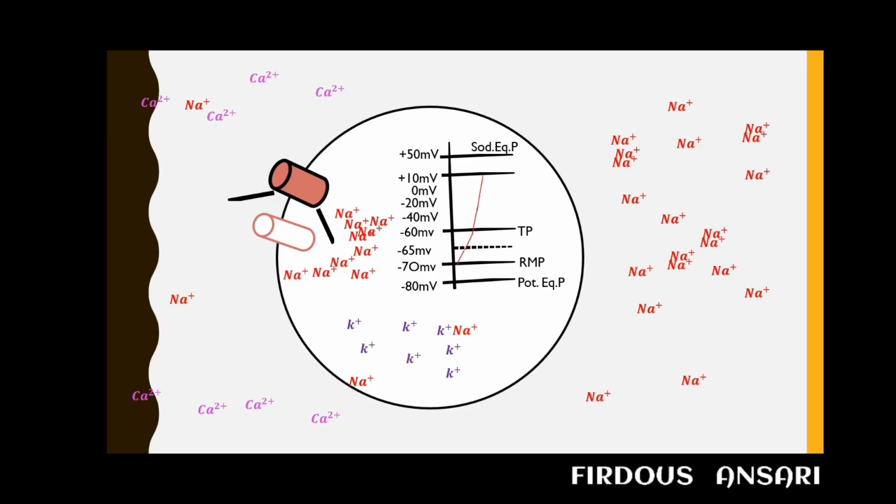Before the potential was negative and now it has become positive, so there is a change in polarity, from negative to positive. Since there is a change in polarity, we call this stage depolarization. Depolarization means the polarity of the neuron has been transformed from the negative side to the positive side. Now, once depolarization has taken place, what happens next?